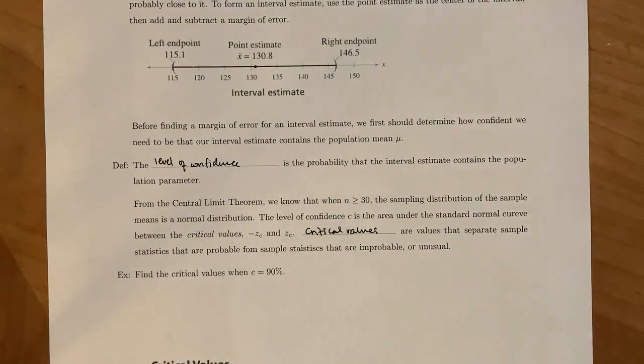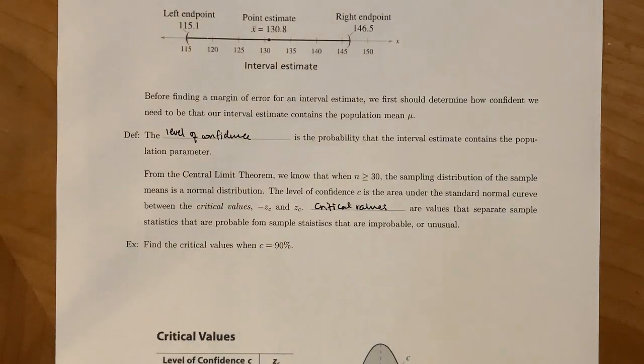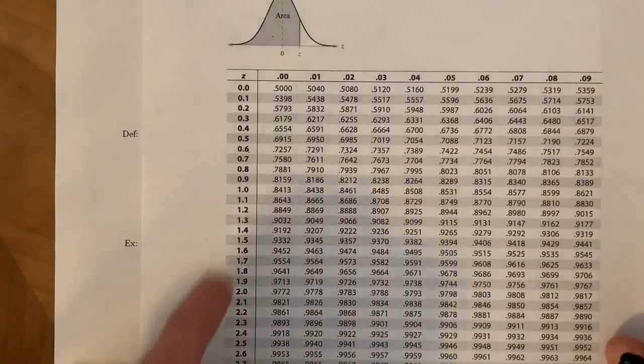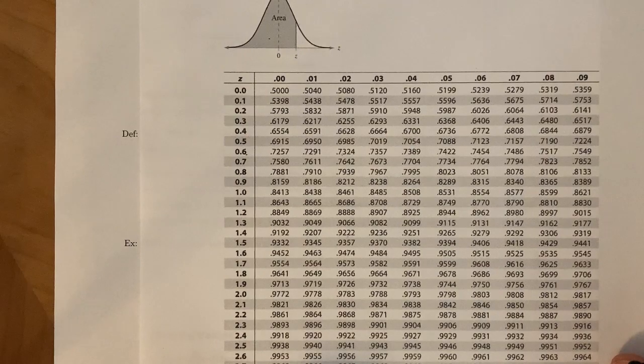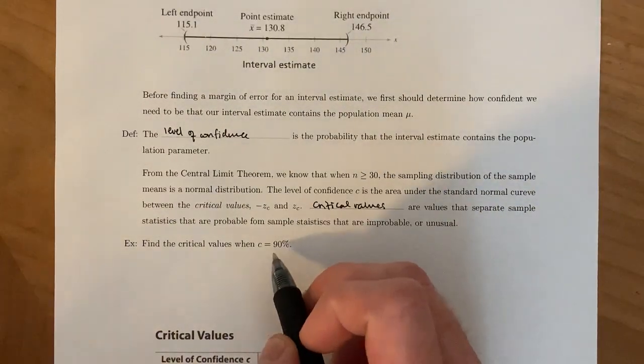How do we find these critical values? We're going to need our z-chart for the positive, and we'll go through how to find the critical value when we're looking for a confidence level of 90%.